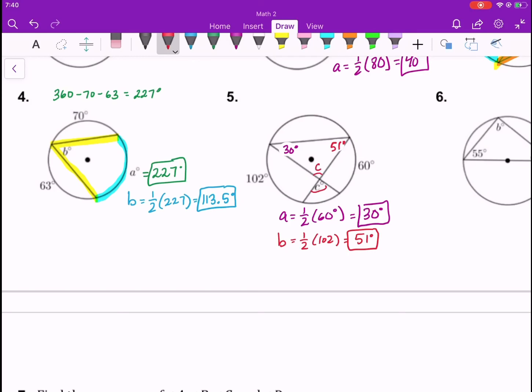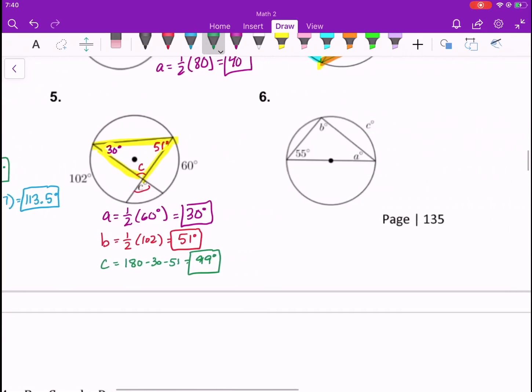So this should be C. And if you notice, we've got a little triangle right here, and triangles always add up to 180 degrees. So if I just subtract 30 and 51 from 180 degrees, you get 99 degrees, and that is C.